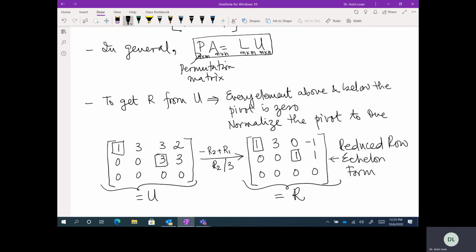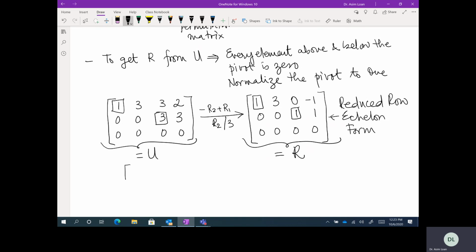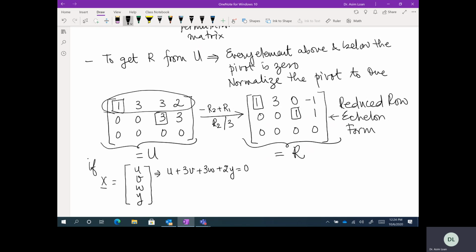All we need to do is, if I solve this one, if x is u, v, w, y, this equation means u plus 3v plus 3w plus 2y equals some constant, maybe 0.